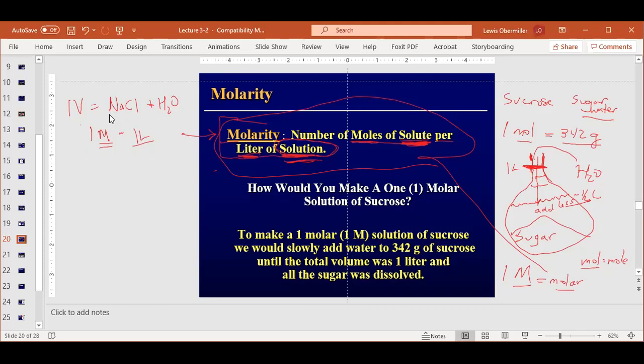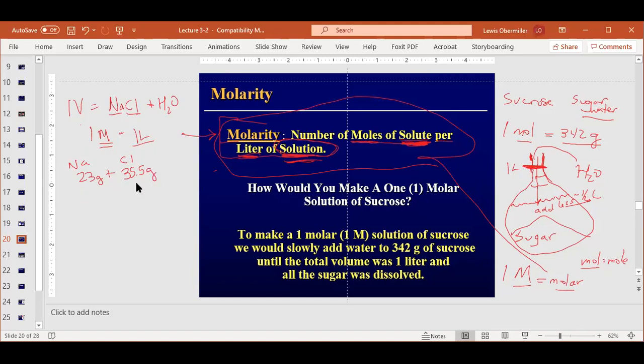So sodium, its molecular weight is 23 grams. Remember, it's Daltons, but we just switch it to grams to do this. And then chlorine, so sodium is 23 grams. Chlorine is 35.5 grams.